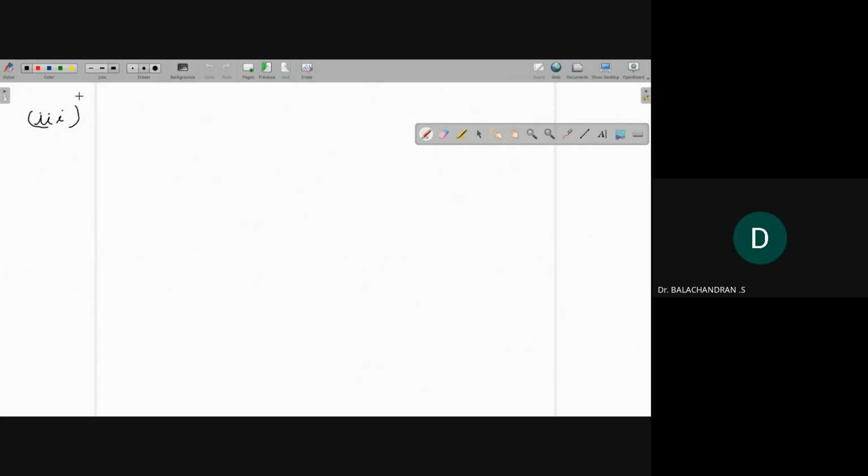So subdivision number 3. We need to find what? The Fourier transform of x into e power minus a mod x. This is what I need to find. First, before this, we need a result that we proved in the first lecture. I will just recall it for you.